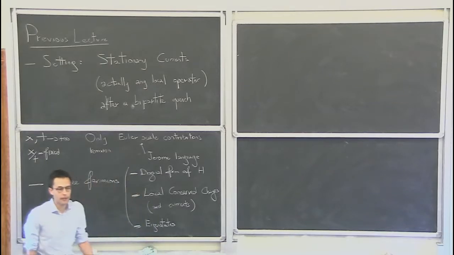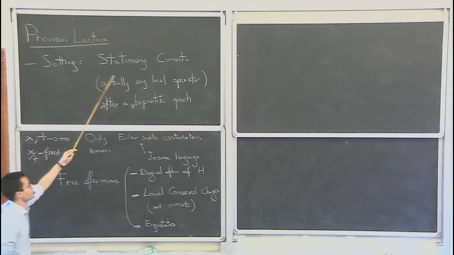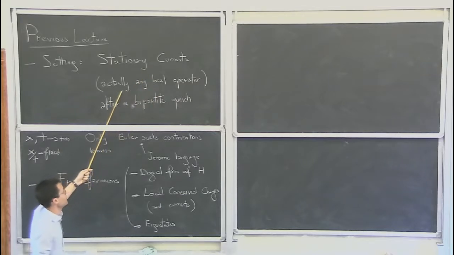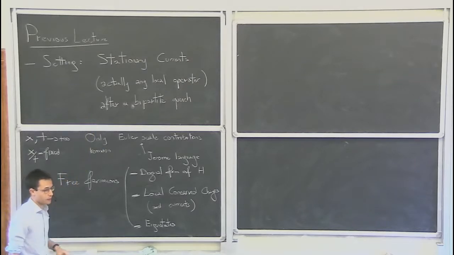Yeah. Okay, so let me start with a brief summary of last lecture. What we did in last lecture was to introduce the setting. So we studied stationary currents. Actually, as we saw, we studied the expectation value of any local operator after a bipartite quench.